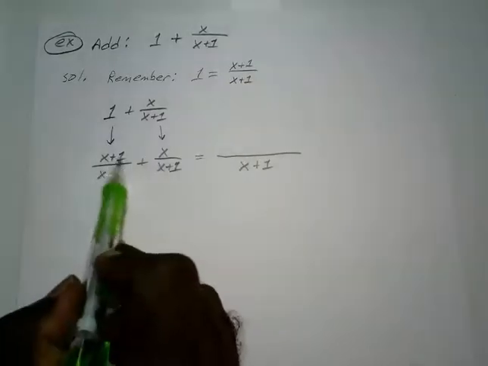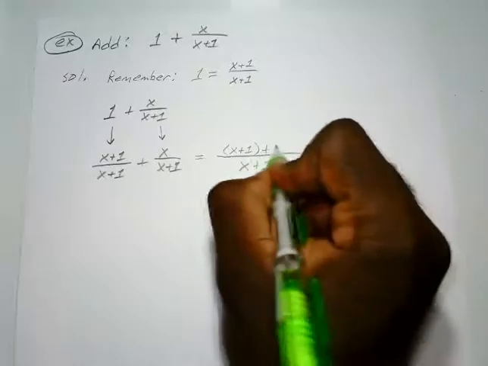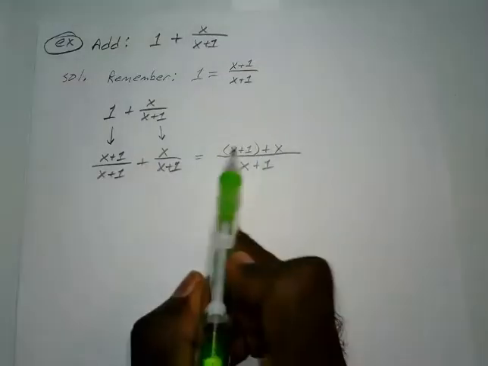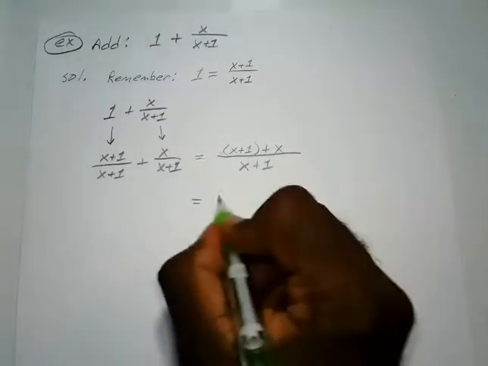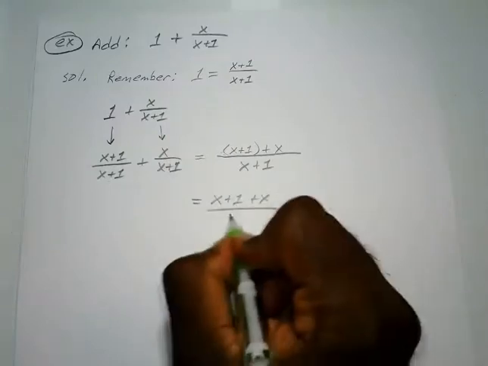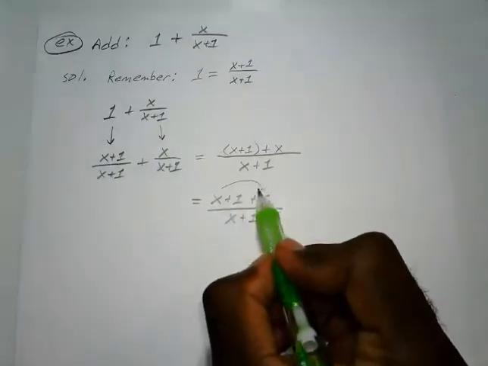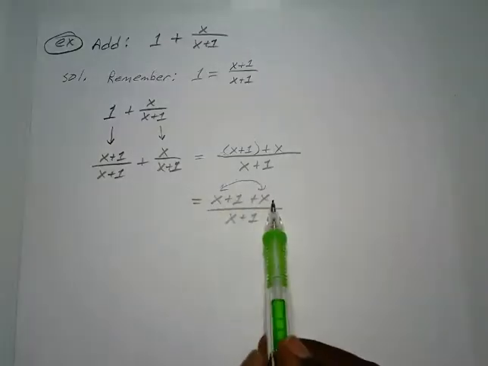Okay, so now we go ahead and add our numerators. So we have x plus 1 plus x. Alright, so this is positive, so we can drop the parentheses there. So we have x plus 1 plus x over x plus 1. Okay, so if we go ahead and combine those two terms, x plus x is 2x.